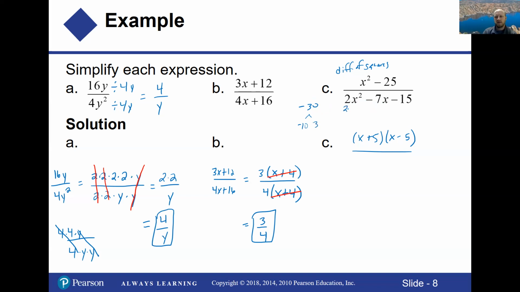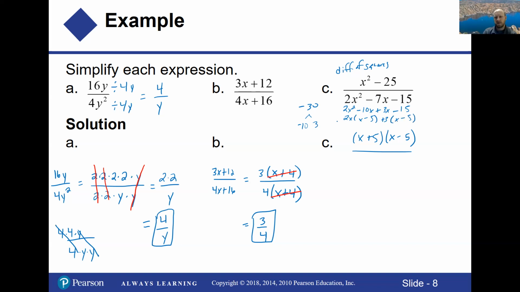So we split the middle term into 2x squared minus 10x plus 3x, which gives us the negative 7x, then minus the 15. And then we factored by grouping. We took out a 2x here because that's the GCF of these two, and we got an x minus 5. Then here we took out a 3 from the 3x and the minus 15, and we got an x minus 5.